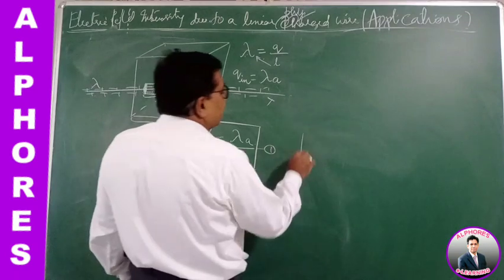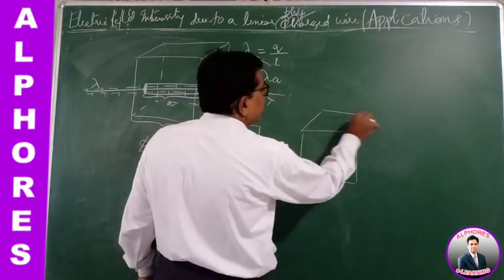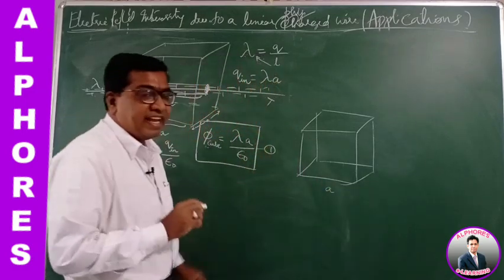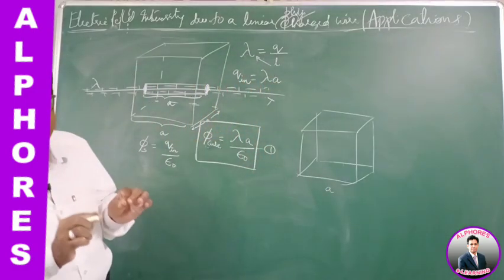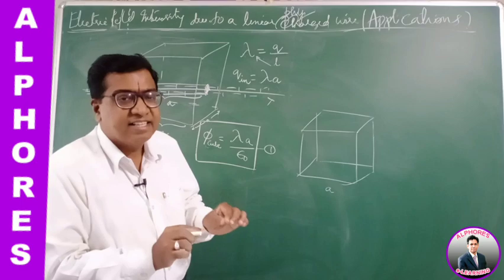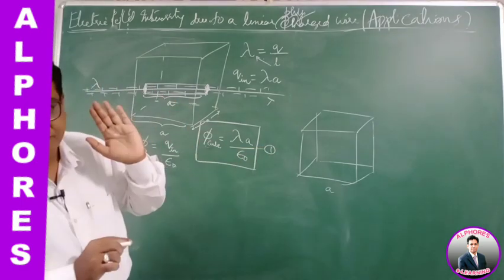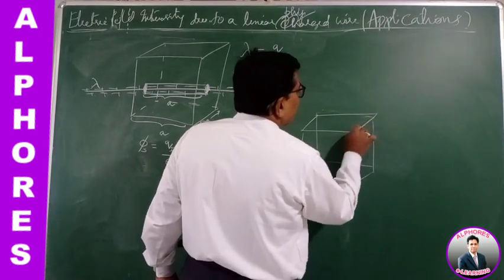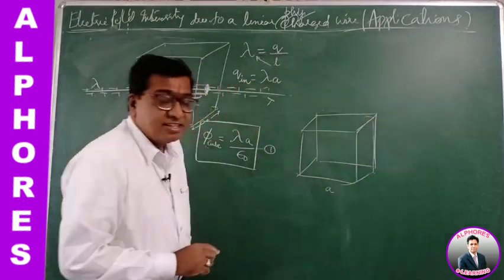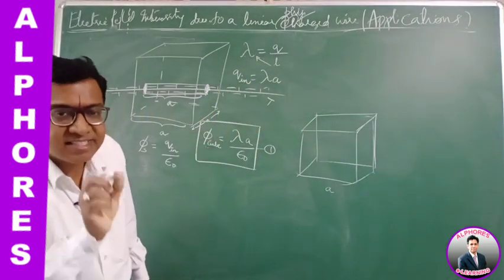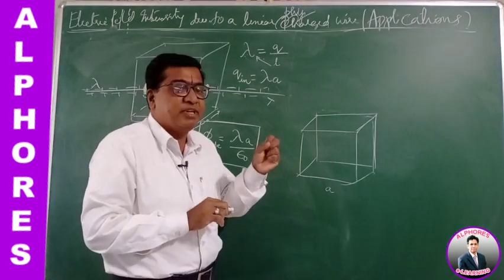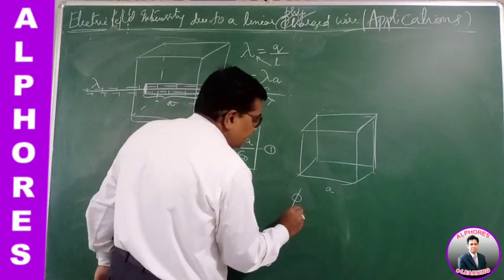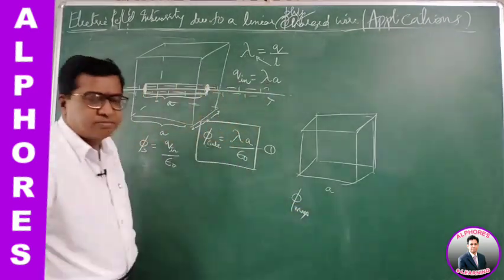There is a Gaussian surface of cubical shape, of side A. A uniformly charged linear conductor is passing through the cube of side A like this. The maximum flux associated with the cube is dash. The question is asking to find the maximum flux associated with the cube.